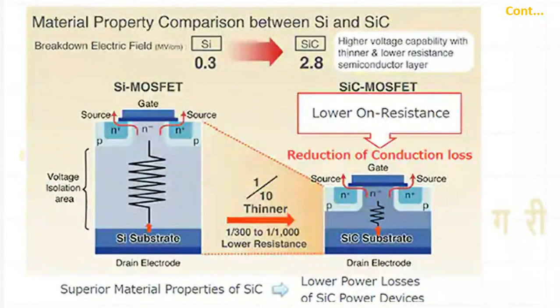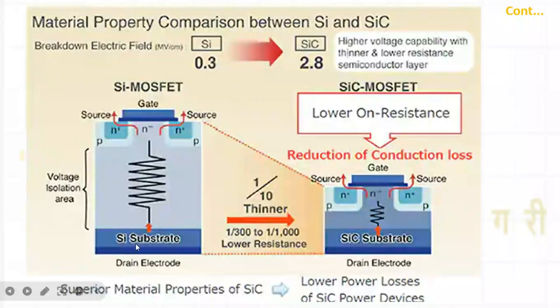Now the important slide I am talking about is the material property comparison between silicon and silicon carbide. We have already seen the breakdown electric field, in megavolt per centimeter. For silicon it is 0.3, for silicon carbide 2.8. So very high breakdown strength, right? The second most important thing is the lower on resistance.